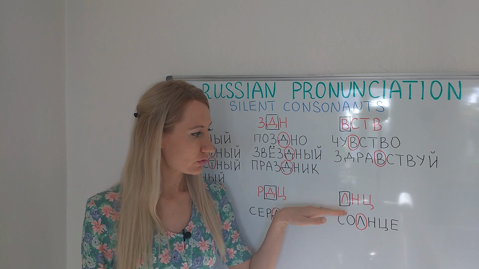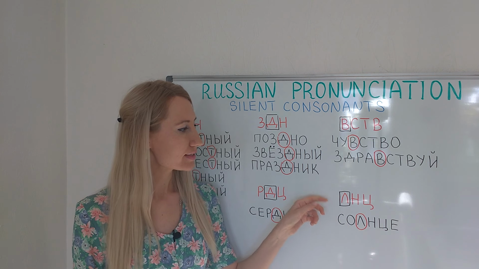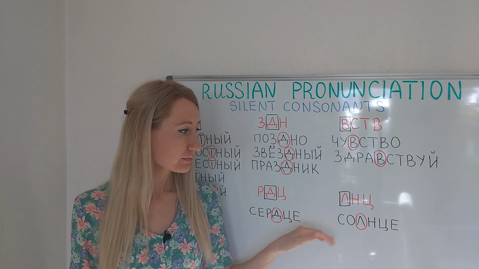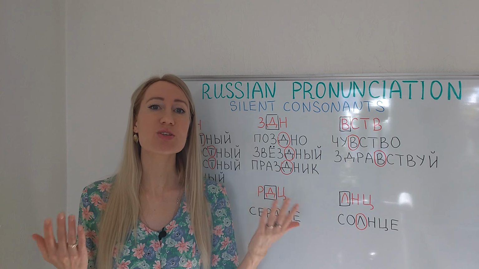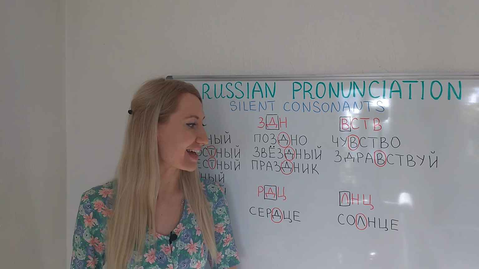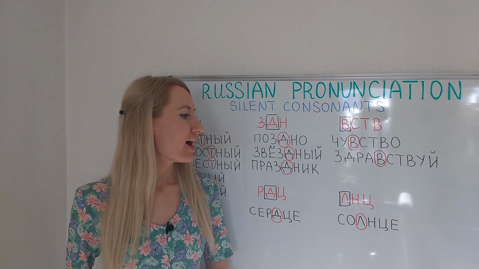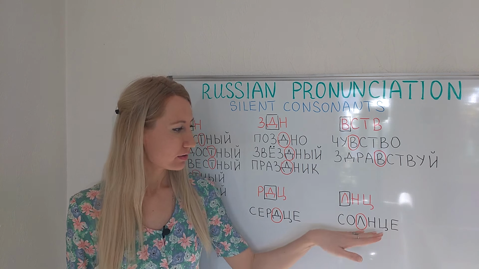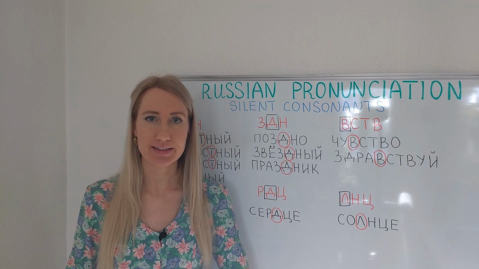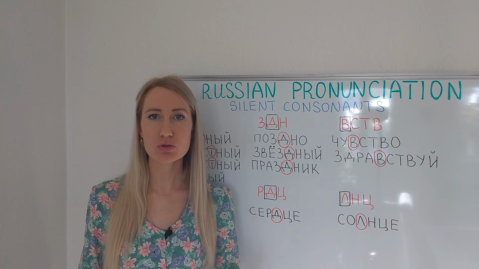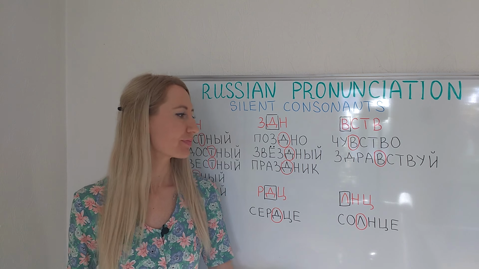Another combination with just one word I found is lnc. Here we don't pronounce the first letter L, and the word is солнце, the sun. We can check this word by the word солнечный, sunny. Can you hear this L? Солнечный.